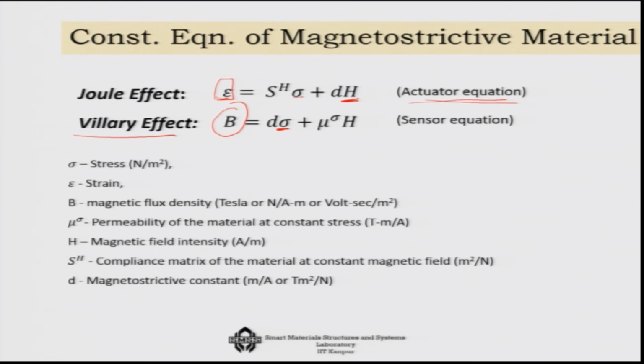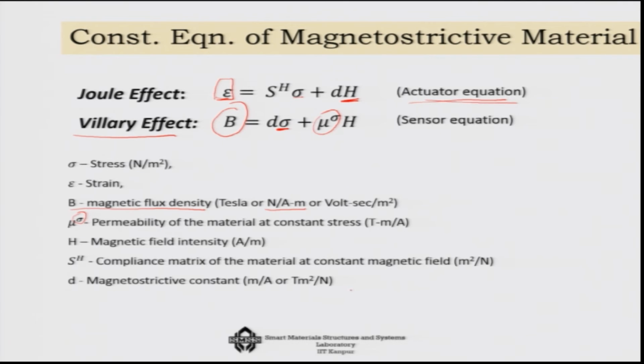If you look at them, B here is the magnetic flux density. That is a new thing to us, which is generally measured in Newton per ampere meter. Instead of permittivity, we have a permeability here, which is measured at constant stress.